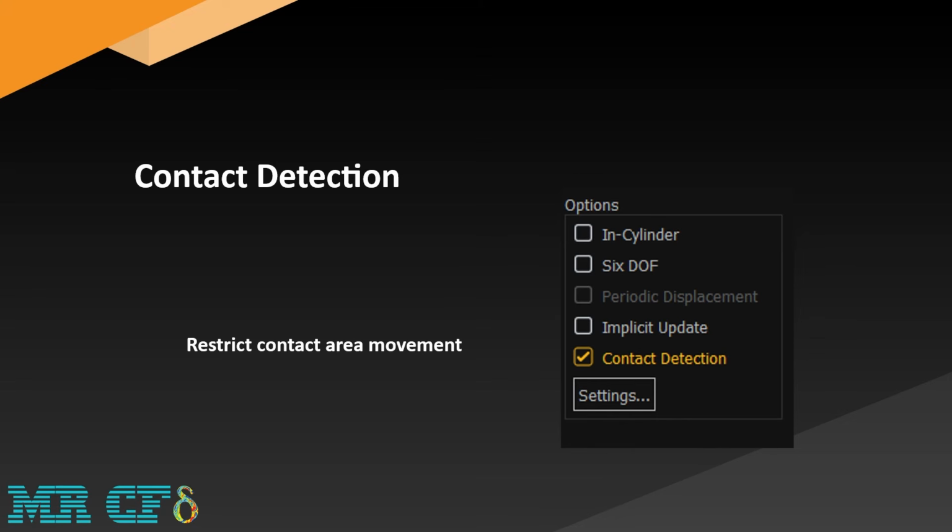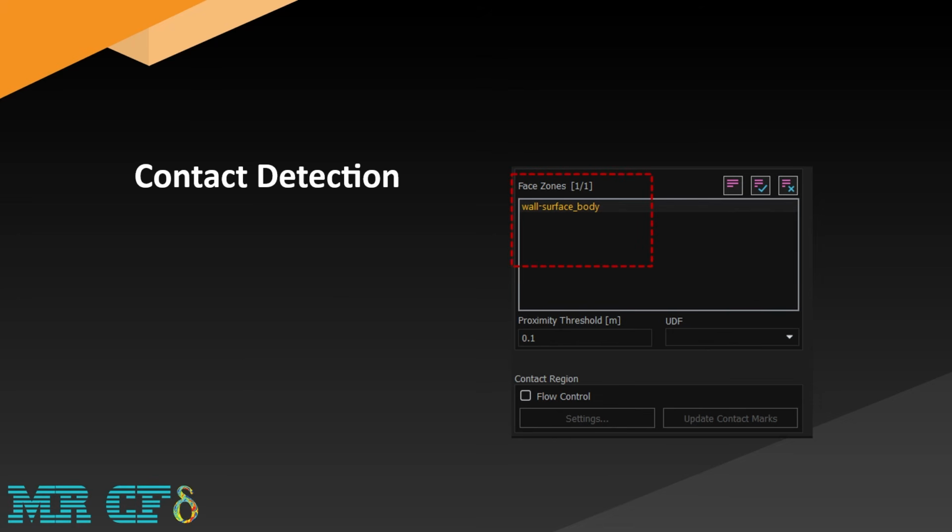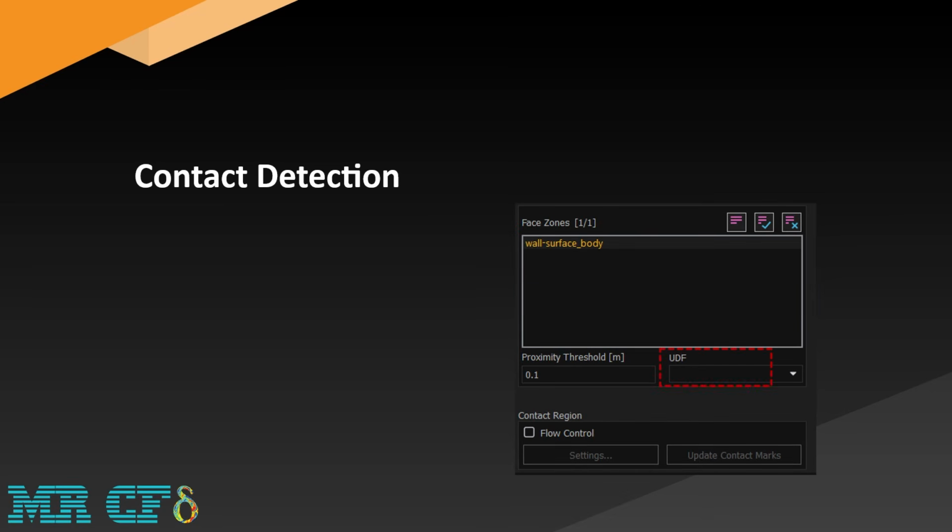In the first step, the surfaces that are involved in the contact detection process should be selected from the list of the available zones. Note that you can only select rigid or user-defined bodies and regions for contact detection. From the UDF drop-down list, you can specify a user-defined function that will be applied when the contact of surfaces is detected.